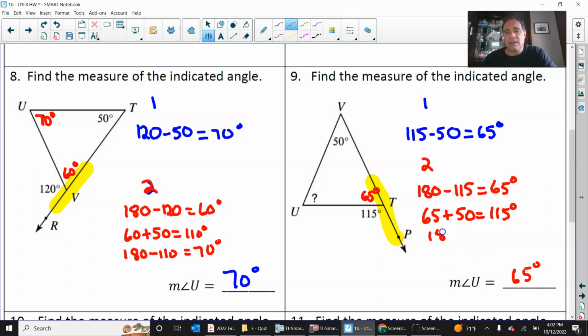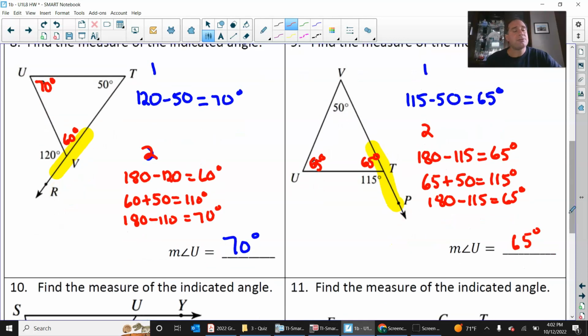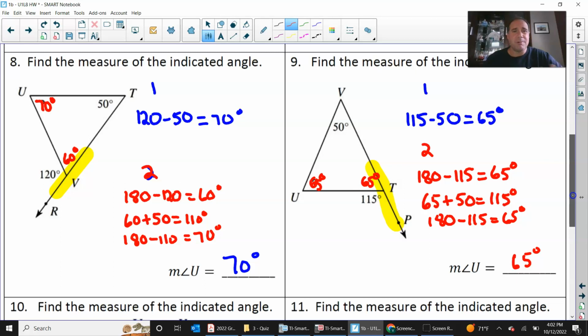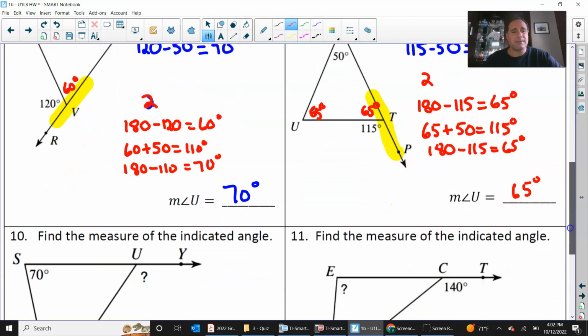And then I'm going to take 180 minus 115 again, and I figure out that that is 65 degrees again. And it's the same answer. Yes, it did take 3 steps, but those 3 steps are finished. It's not a lot of work anyway. And you definitely have options on the basic way that you want to solve these types of questions.